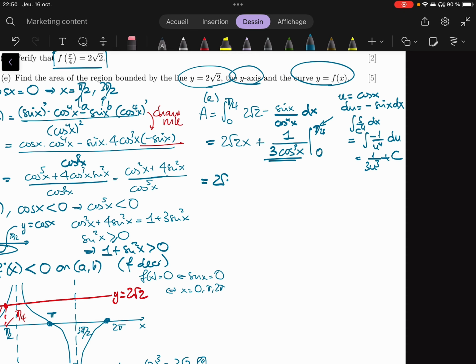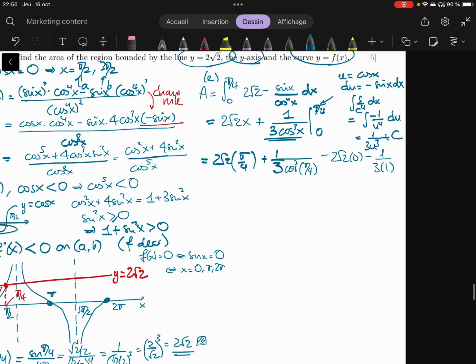Now we'll plug in the upper bound and the lower bound. Upper bound, lower bound.